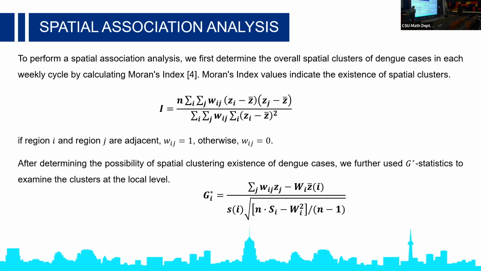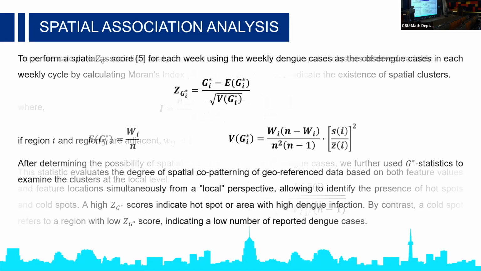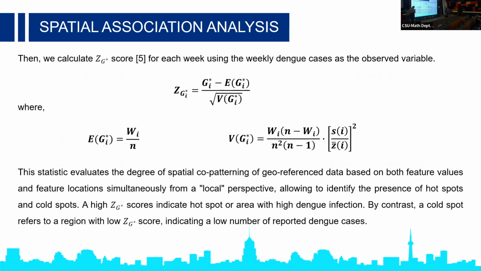We use an adjacency matrix, and if areas are connected, the weight is 1, and 0 otherwise. And also we calculate the G star using the weekly dengue cases.